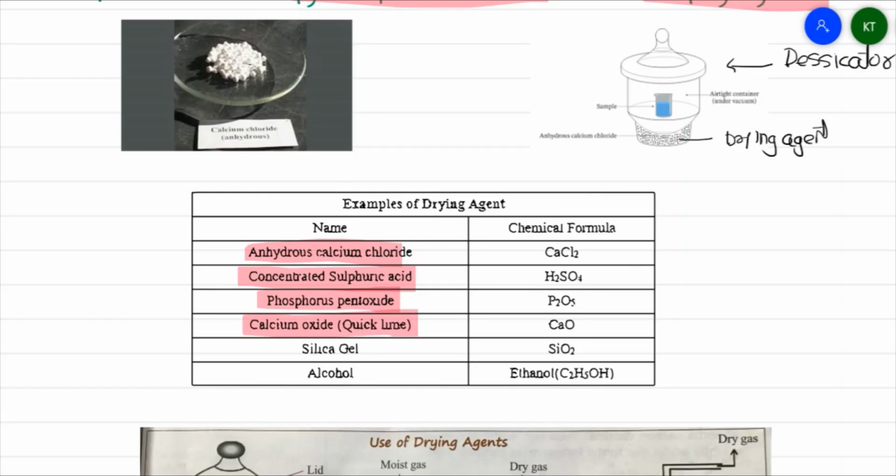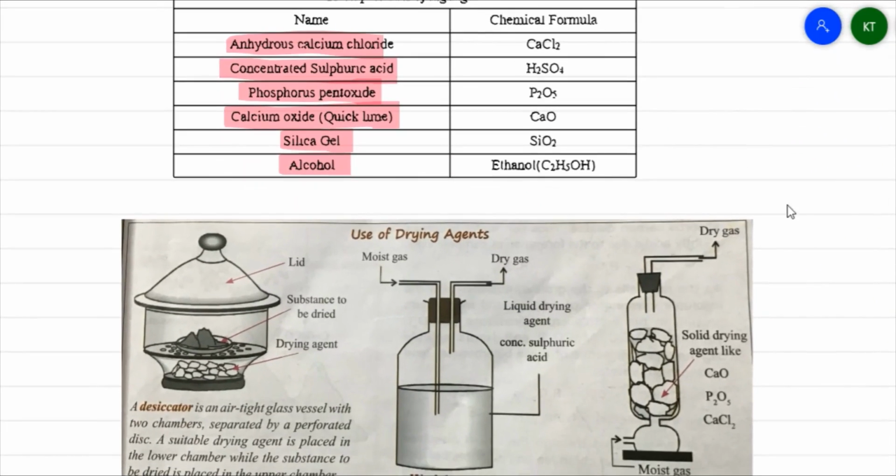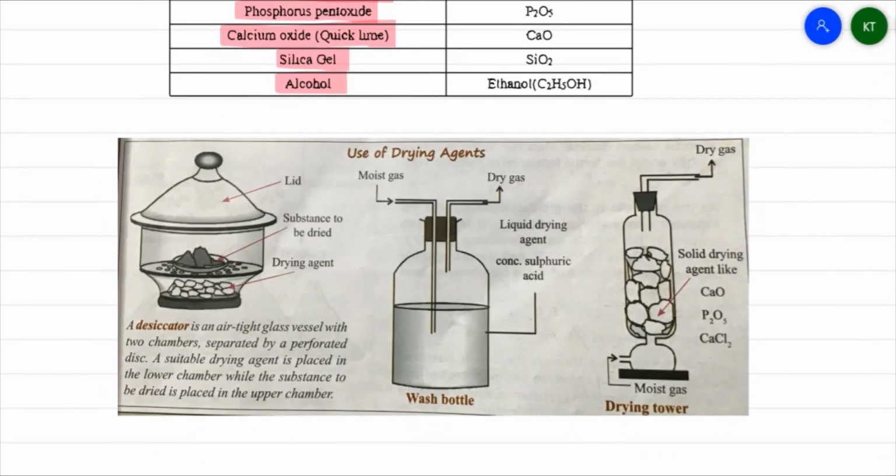Silica gel, which we saw in our previous video, where packets containing silica gel are kept in capsule bottles so as to keep the air in the plastic bottle dry, so the moisture can be eliminated. Then we use alcohol, more or less ethanol, as a drying agent to dry substances.